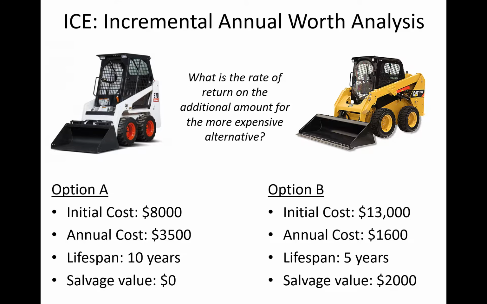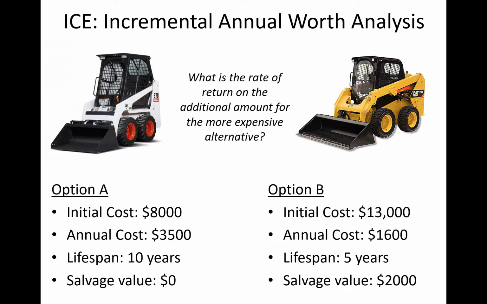All right, so we'll just jump straight into the in-class exercise because I think that's the most effective way to illustrate the procedure and the underlying ideas here. The in-class exercise setup is, what if we had a Bobcat front-end loader and a Caterpillar front-end loader.